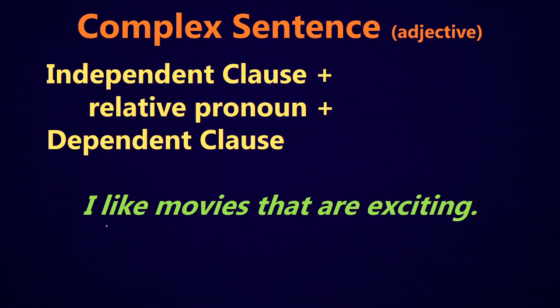For example, I like movies that are exciting. Here we have a subject and a verb. And here we have another verb. But I like movies, we're not saying "I are." "I are" doesn't make any sense, which means that this verb doesn't go with this subject.